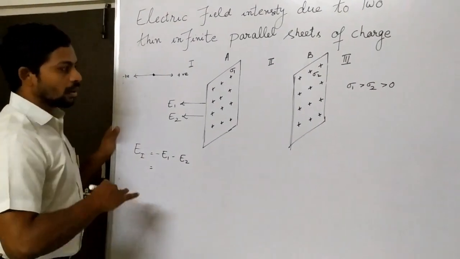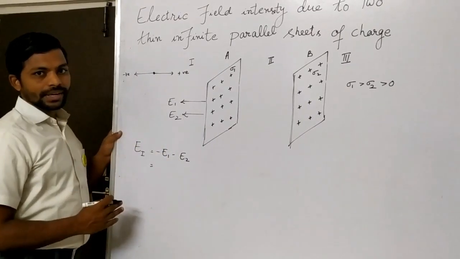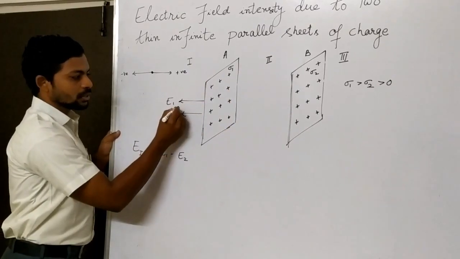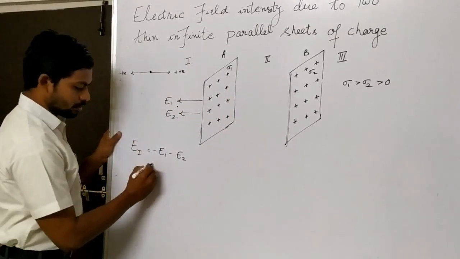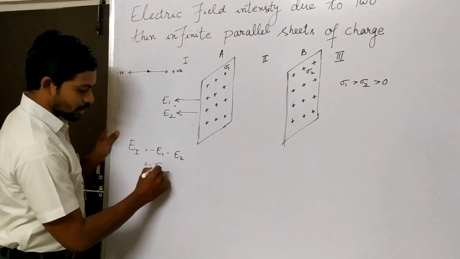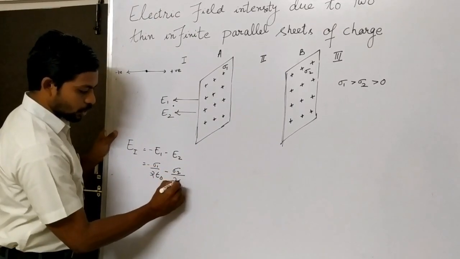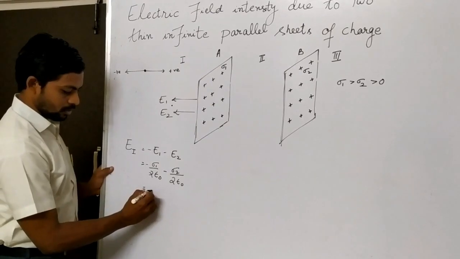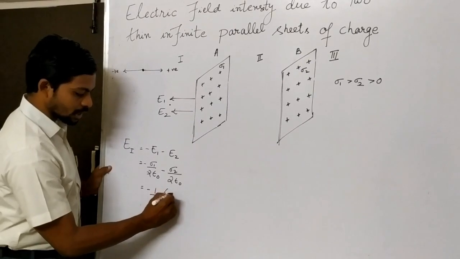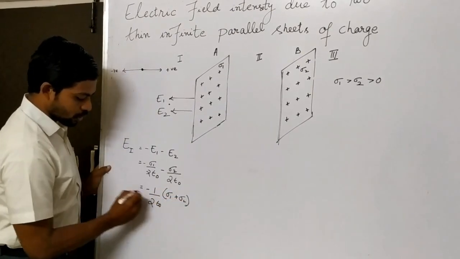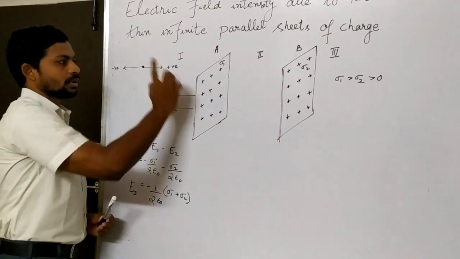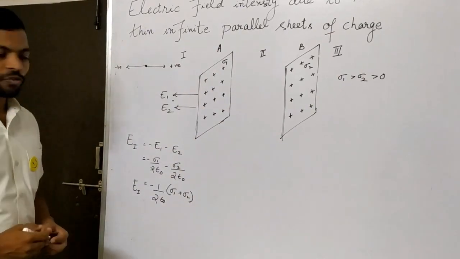Considering the previous results of electric field intensity at a point due to a thin infinite sheet of charge, at this point it will be minus sigma 1 by 2 epsilon naught minus sigma 2 by 2 epsilon naught. So I will take 2 epsilon naught common, giving minus 1 by 2 epsilon naught times sigma 1 plus sigma 2. This is the resultant electric field intensity in region 1 due to these two thin parallel sheets of charge.